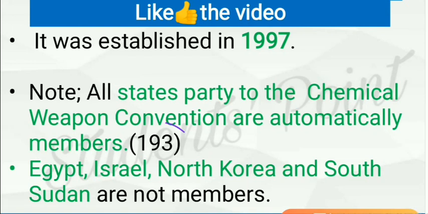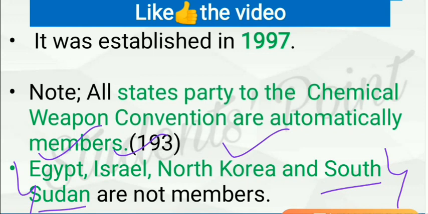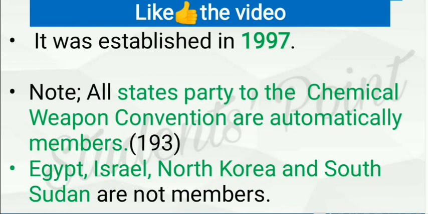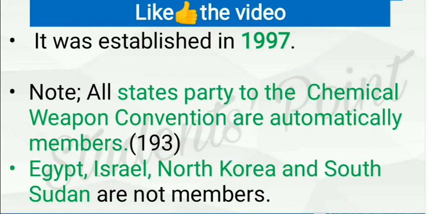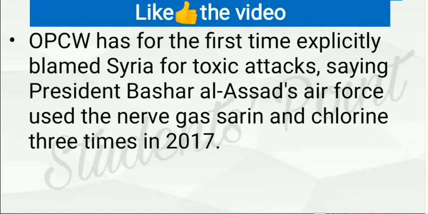And as of now there are 193 members, and these 4 countries are not member of OPCW. These are Egypt, Israel, North Korea and South Sudan. Though Israel signed but not ratified, while Egypt, North Korea and South Sudan are not even signatory of this convention.